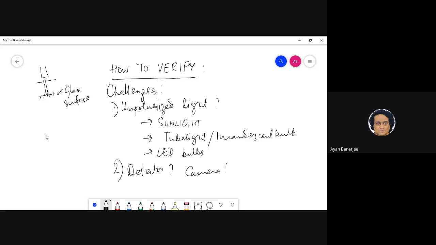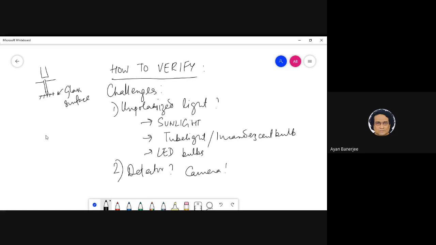So one thing that is possible is you can probably take a low power spectacle lens. Or else you can take even chip off some glass sheet from somewhere, or even if you have a table, even a glass table is fine.